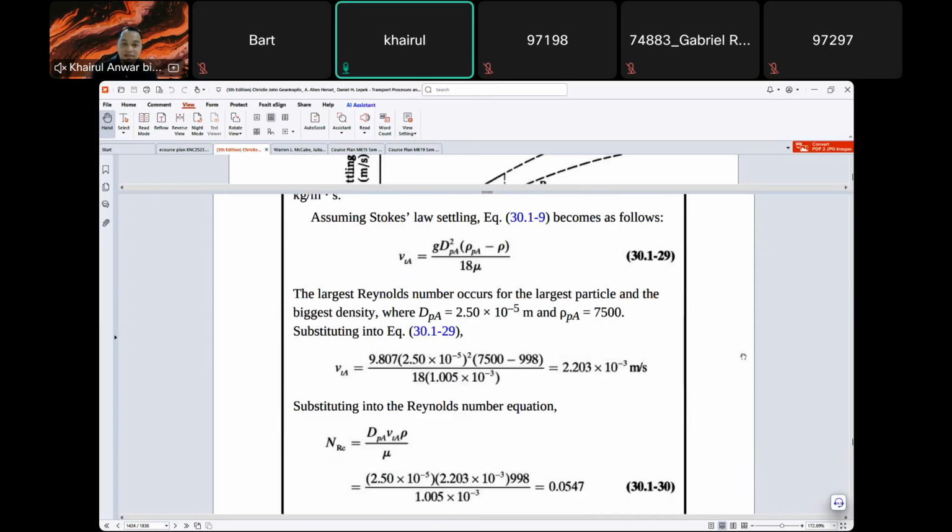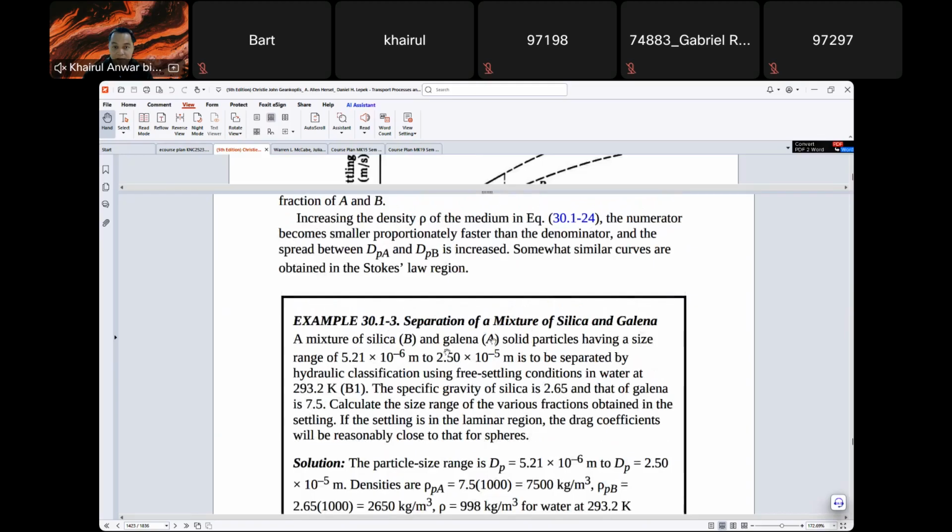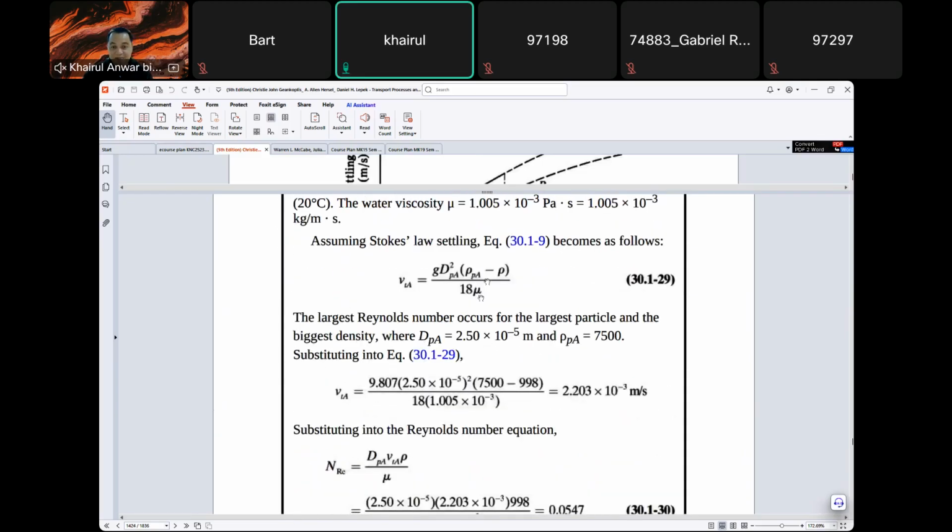Assuming Stokes' law settling, equation 30.1-9 becomes as follows, equation 30.1-29. G is gravity, dp is the diameter of the particle A, rho A is the density for component A, in this case galena, minus rho of water, over 18 mu of water.